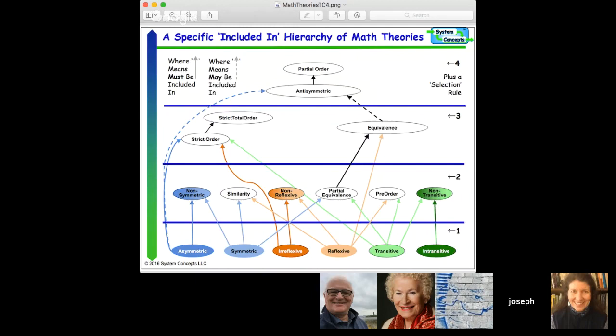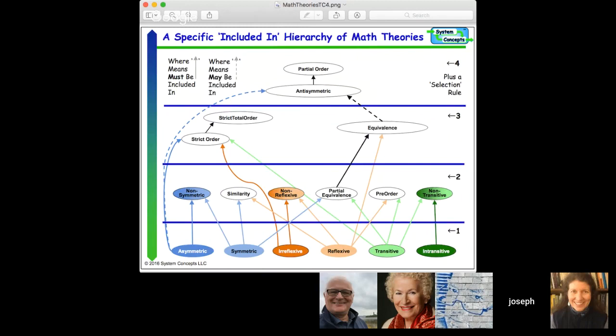I believe the original graphic was talking about the number of axioms, so from the top to the bottom, the smallest number of axioms was at the top and the most is at the bottom, if I recall correctly.